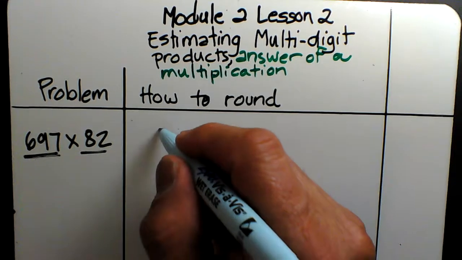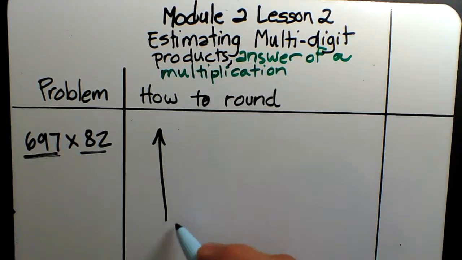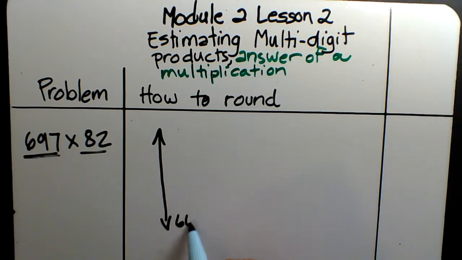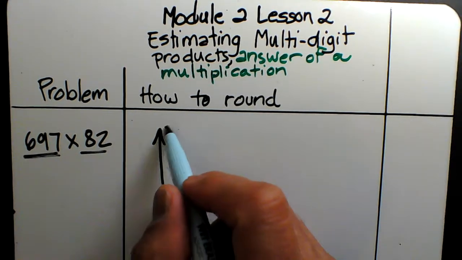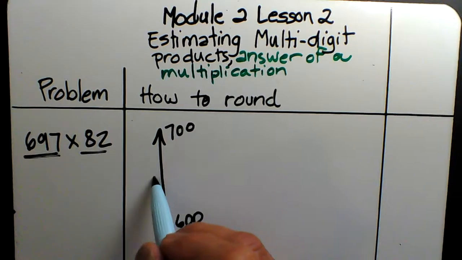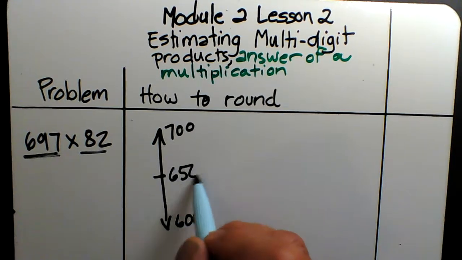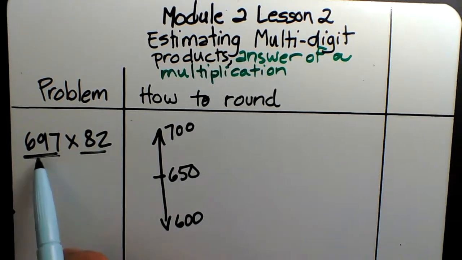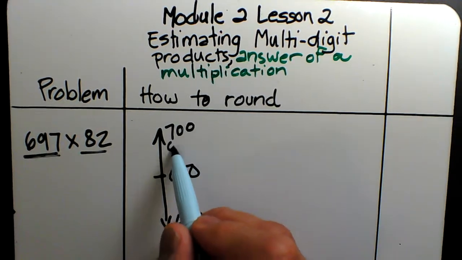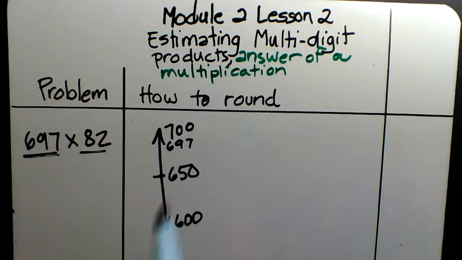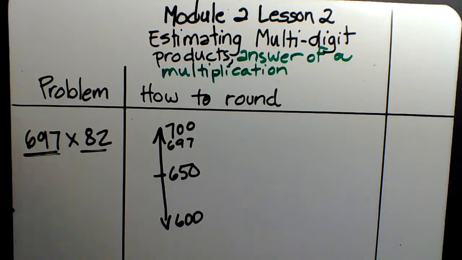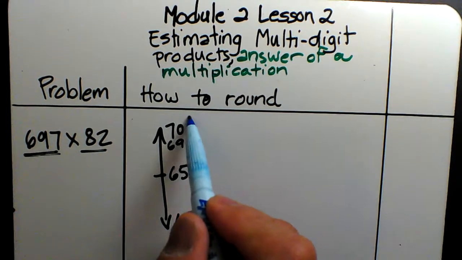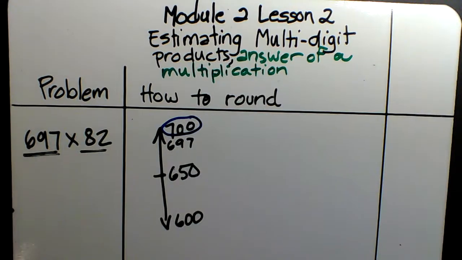This number 697 is between 600 and 700, and the midpoint is 650. So 697 is closer to the 700s, so we're going to round this number to 700.